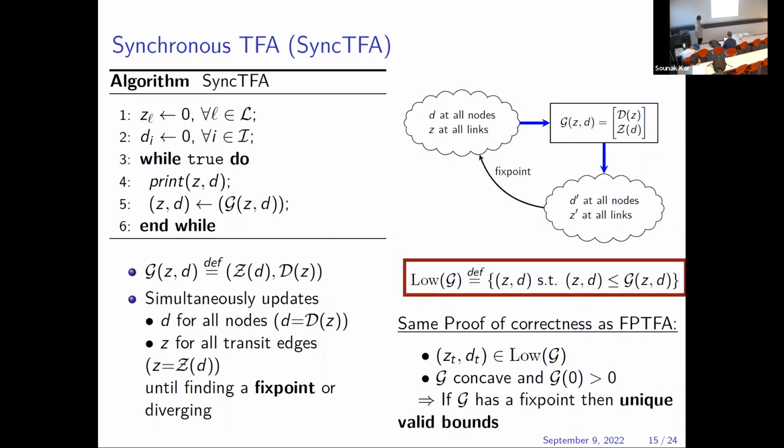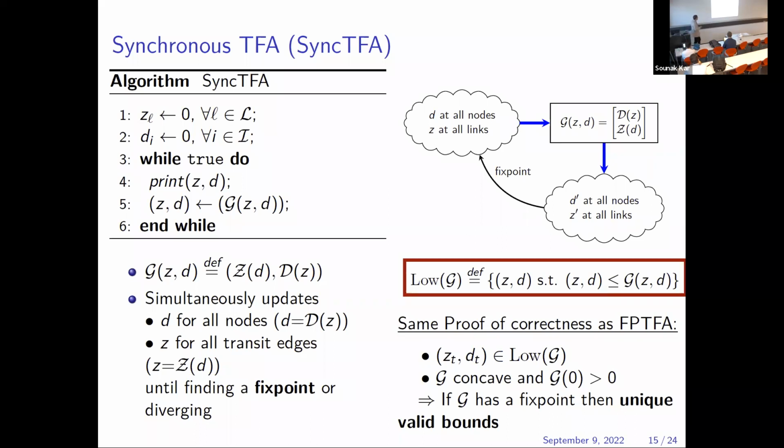Here we can introduce, as before, the same set G, which is the set of (Z,D) such that (Z,D) is below or equal to J of (Z,D), and we can build a fixed point scheme.